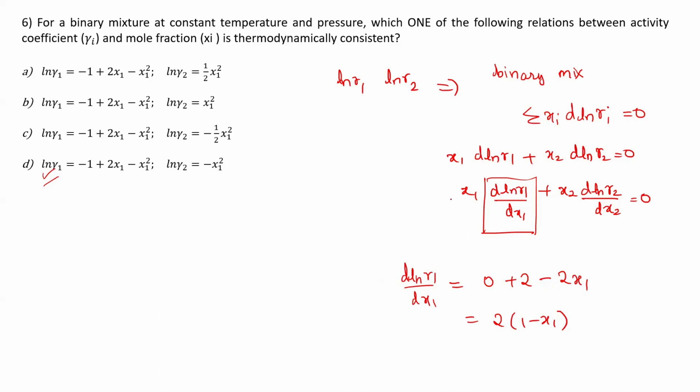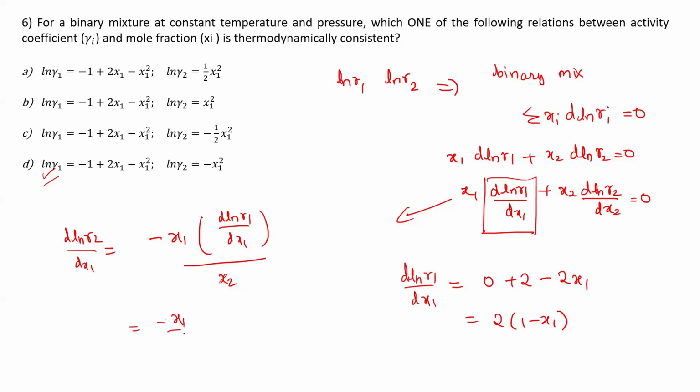Now I can express from here d ln gamma 2 by dx1 equals minus x1 into d ln gamma 1 by dx1 by x2, equal to minus x1 by x2 into, so this 1 minus x1 is actually x2, into 2x2 equals minus 2x1.